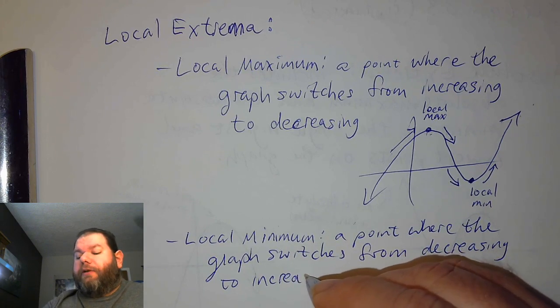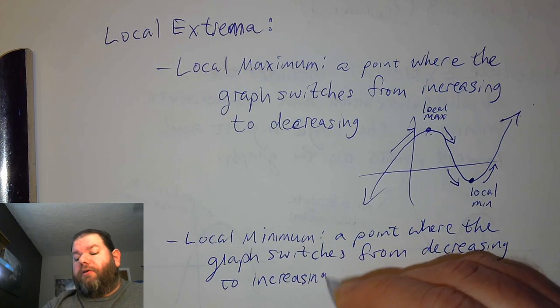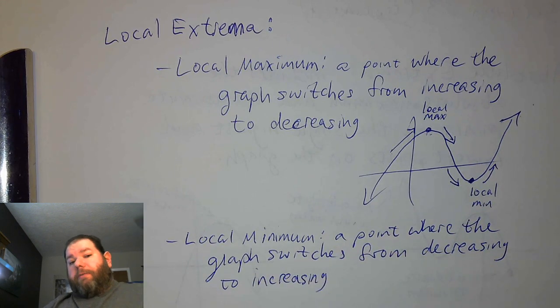So our interpretation of local extrema depends on knowing where the graph is increasing or decreasing and the transitions it makes over the course of its domain.